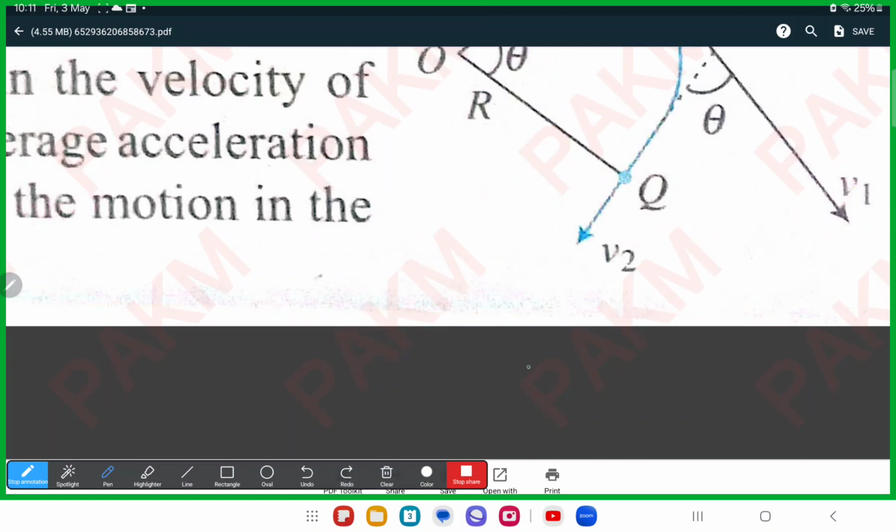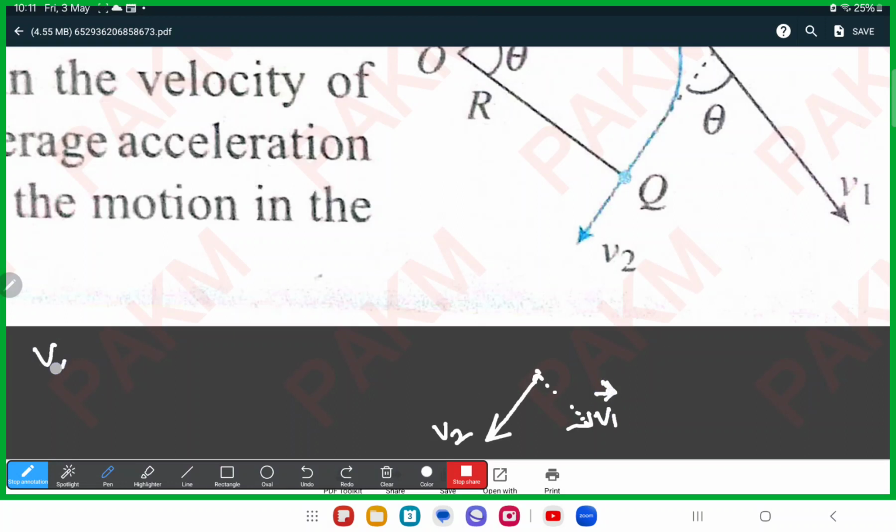This is the v2 vector, and this is the direction of the v1 vector.